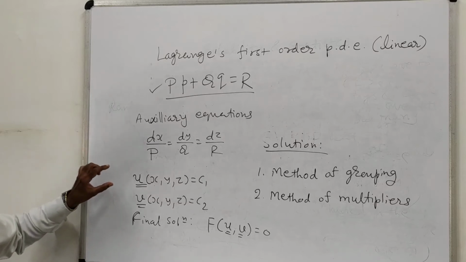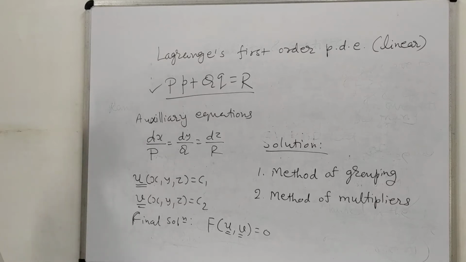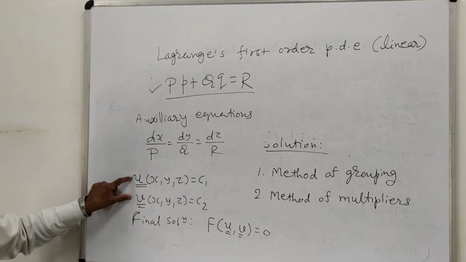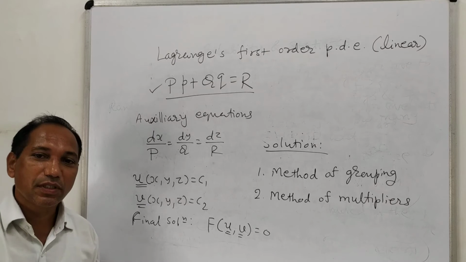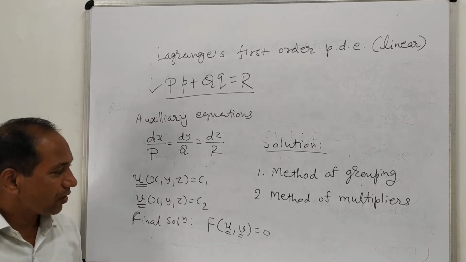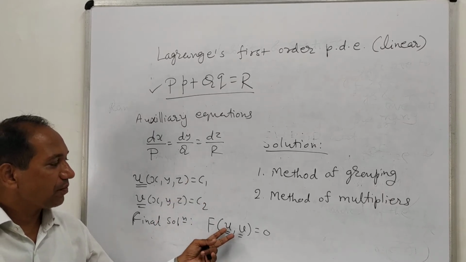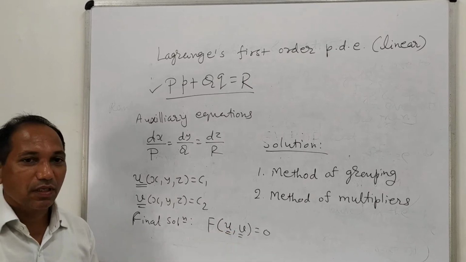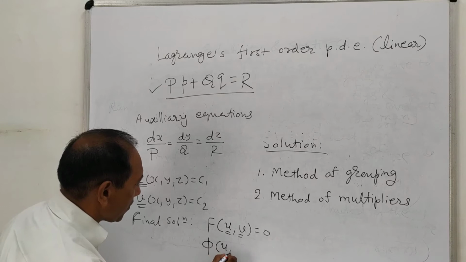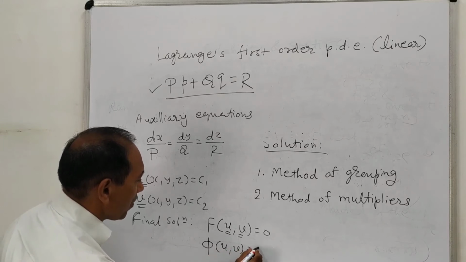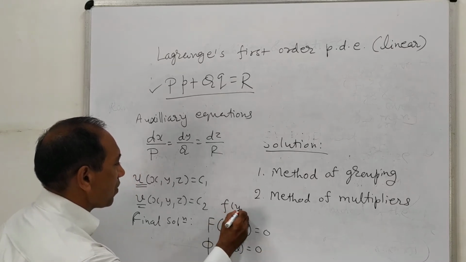So the main thing you require is to obtain these 2 solutions, u equal to c1 and v equal to c2. Once you obtain these 2 solutions, you simply put these 2 values over here. Sometimes you can also write this instead of capital F as phi of (u, v) equal to 0, or small f(u, v) equal to 0.